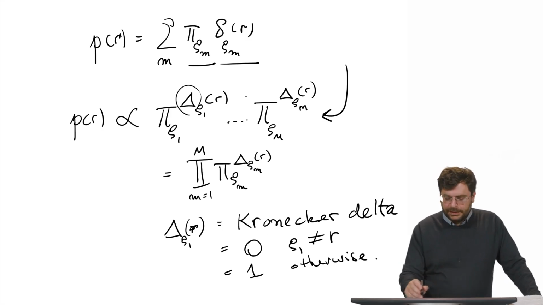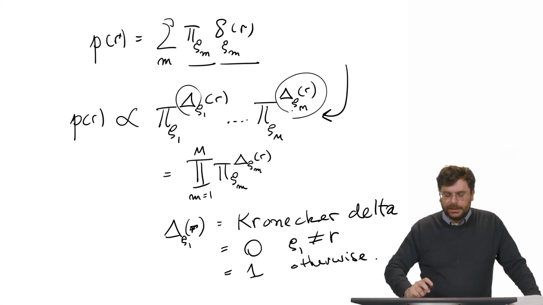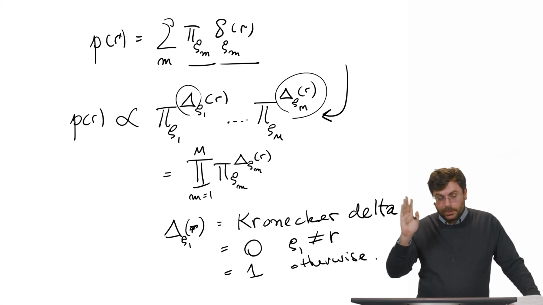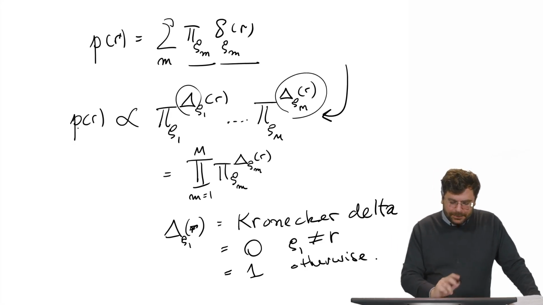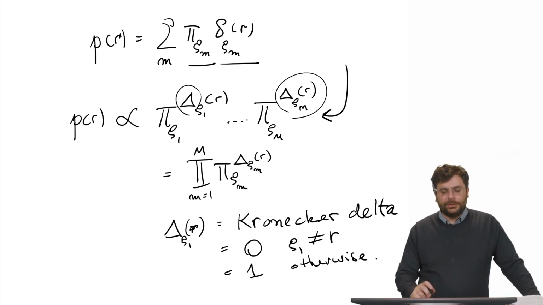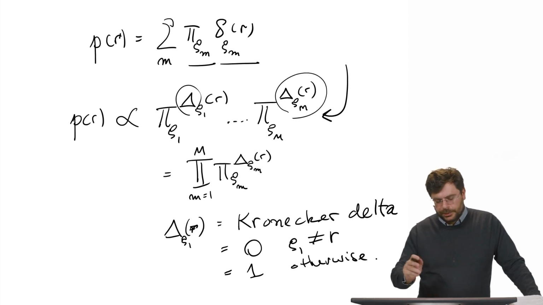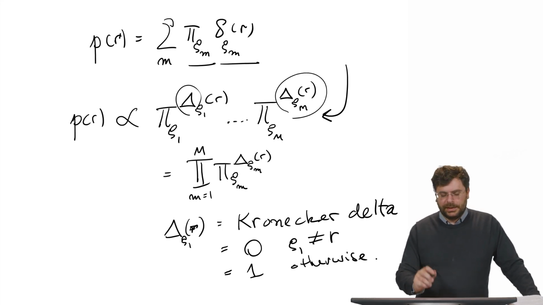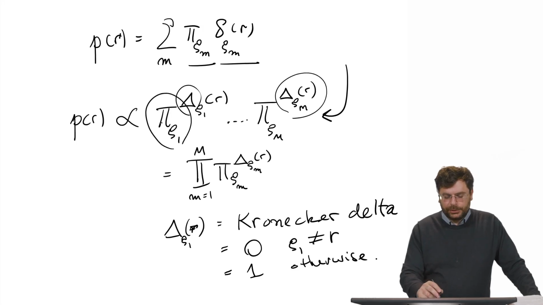And what I find is that this delta, therefore, is equal to 0. If that delta is equal to 0, then pi raised to the 0 is simply 1. So I find that my p of r is proportional to pi of rho 1, which makes perfect sense. My probability of heads, because my r was realized to heads, is proportional to the probability of heads raised to the 1st power.